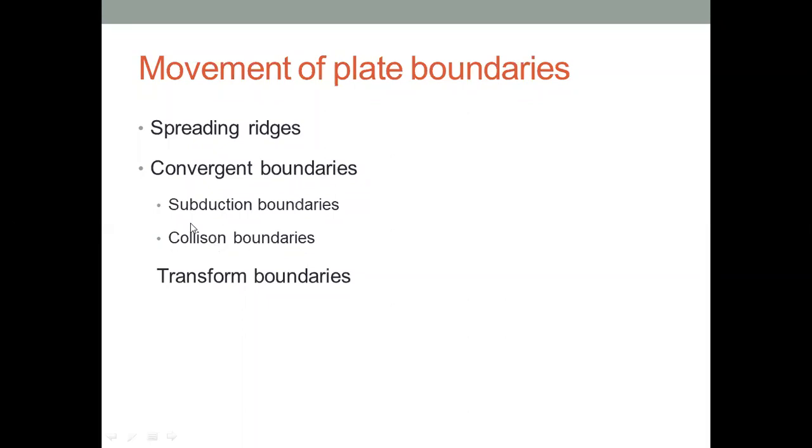If two plates are colliding, and one material is of high strength and the other is of lower strength, then the high strength material will come above the low strength material. Because of that, subduction will happen. So one is the subduction boundary and the other is the collision boundary. And the last one is transform boundaries.